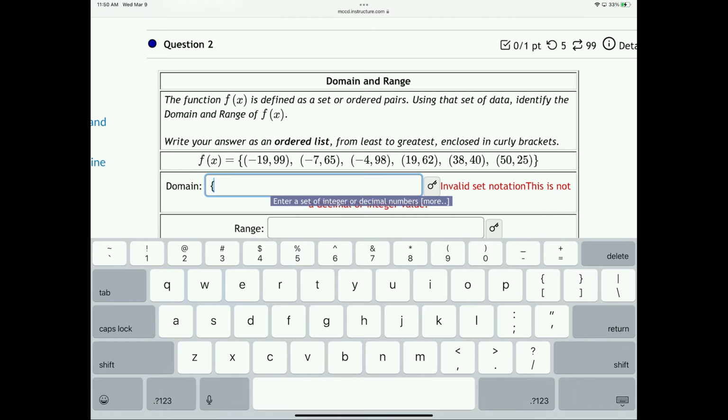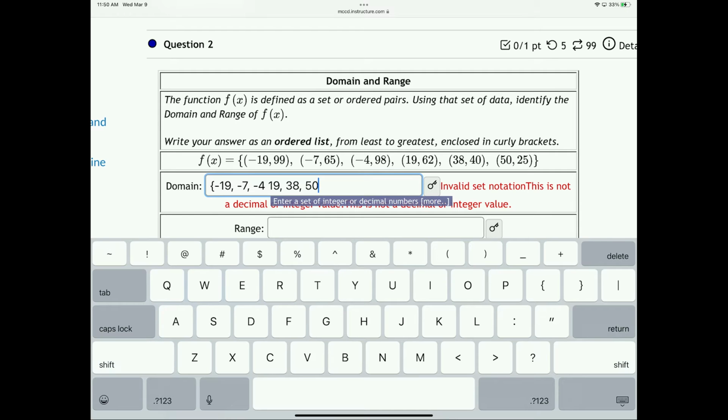And then you just make sure that you list these in order. So like negative 19, negative 7, 4. Do we need commas? Probably. Negative 4, 19, 38, 50, right?